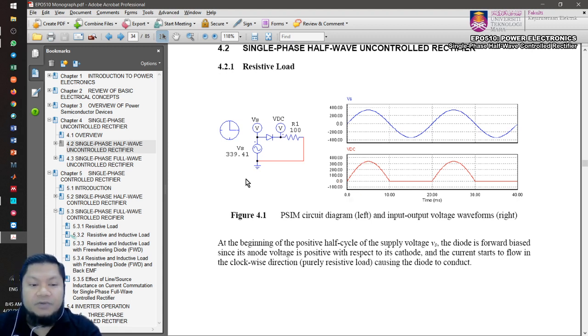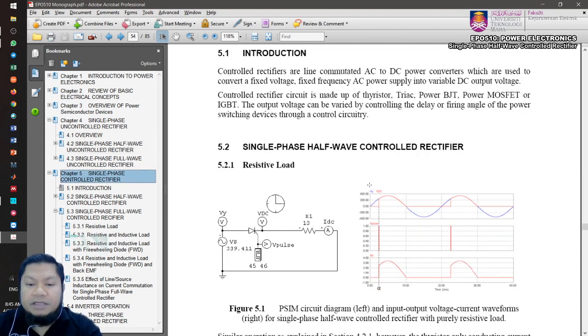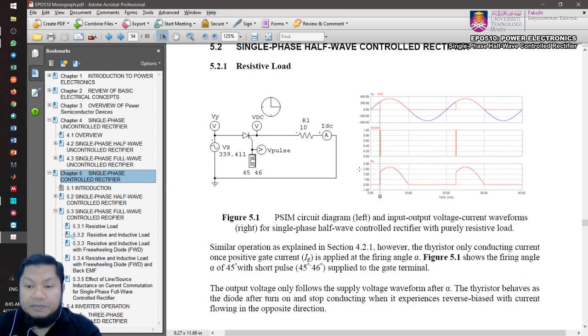Okay, so now let's start with the first controlled rectifier. You can read this, right? Single phase half wave controlled rectifier. So now we look into the single phase half wave controlled rectifier, whereby you have the thyristor. Okay, and this is the gate signal.